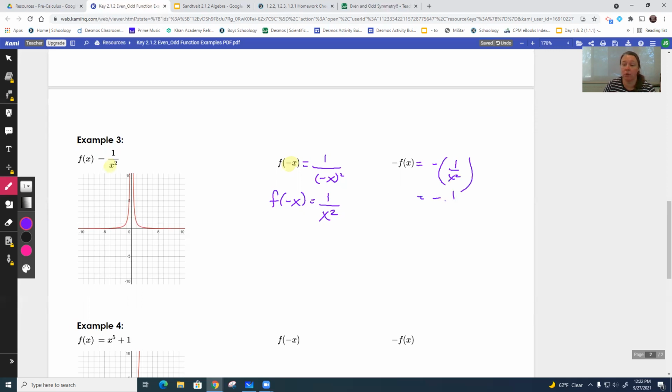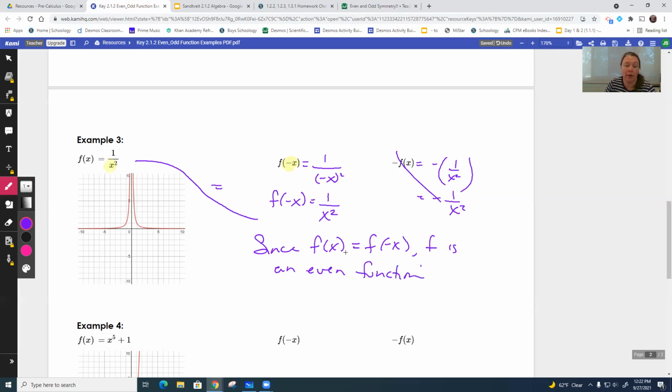Well, that would just be negative 1 over x squared. These are not equal, so it's not odd. Okay, these are equal. Those are equal, so that means that they're even. So since f of x equals f of the opposite of x, f is an even function.